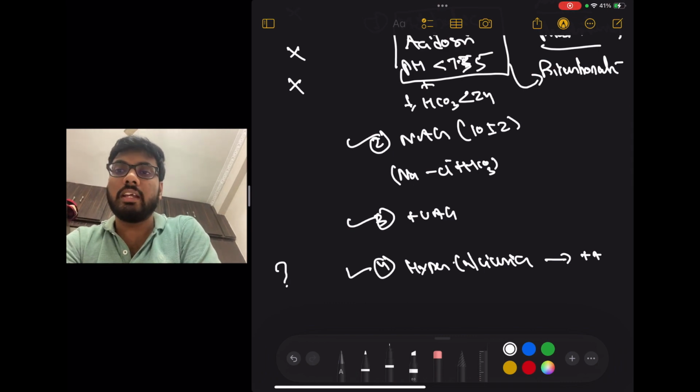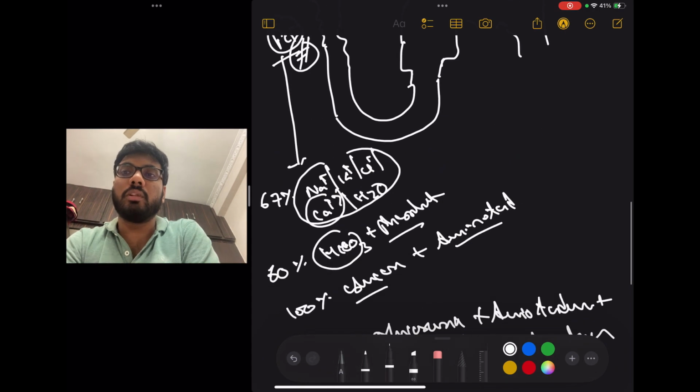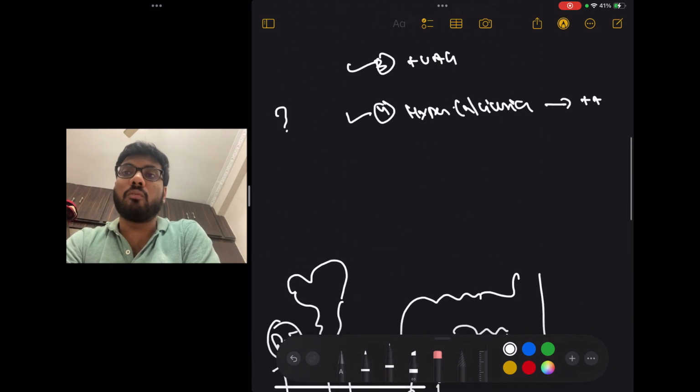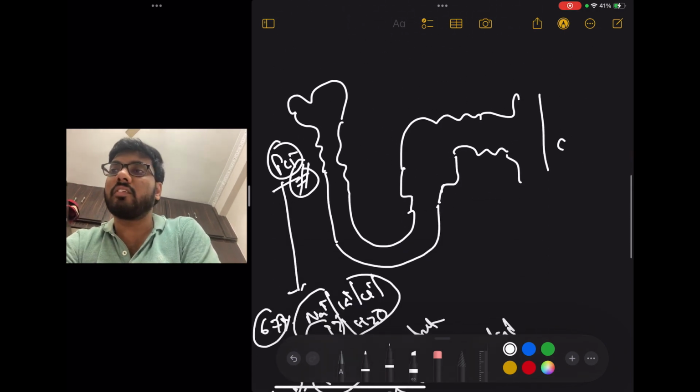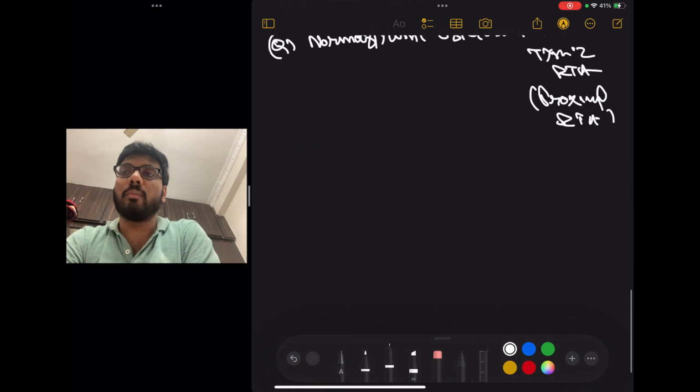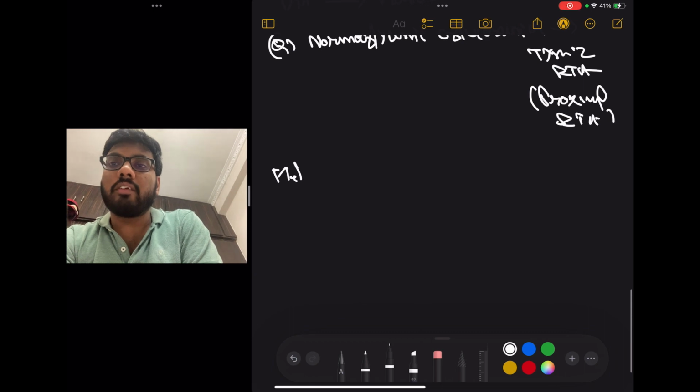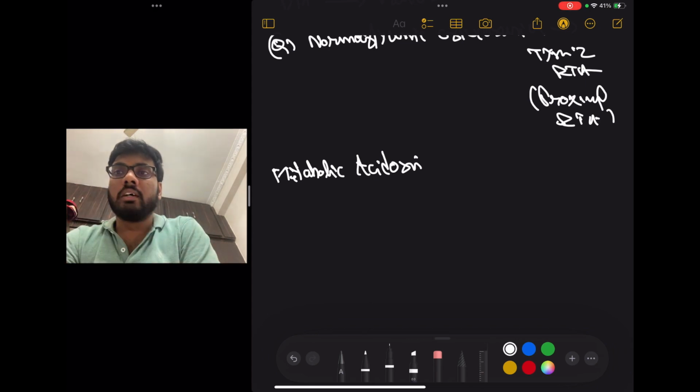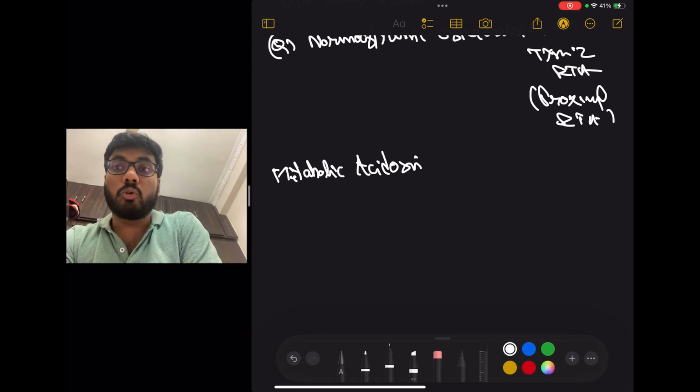Why is there hypercalciuria here? I told that in the proximal convoluted tubule there is reabsorption of calcium, no? But why hypercalciuria in distal RTA, where the collecting duct is affected? Remember, whenever the patient has metabolic acidosis, there will be a compensatory mechanism to buffer the acid.